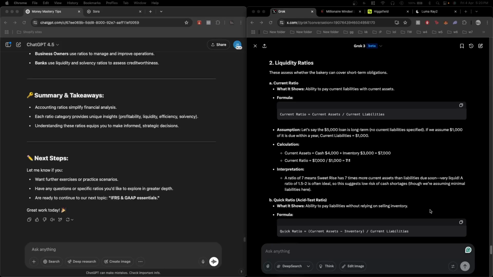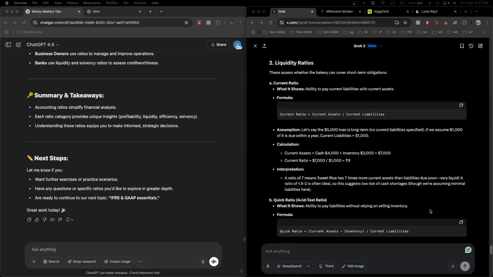The formula used is current ratio equals current assets divided by current liabilities. The assumption. Let's say $5,000 of loan is long term, no current liabilities specified. If we assume $1,000 of it is due within a year, then this becomes a current liability of $1,000.